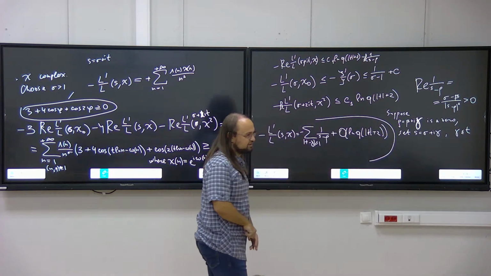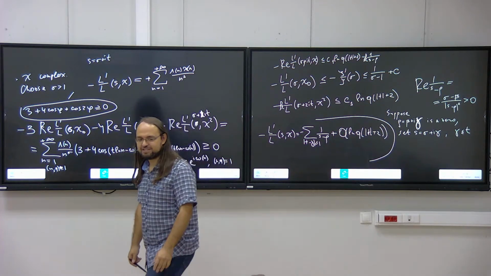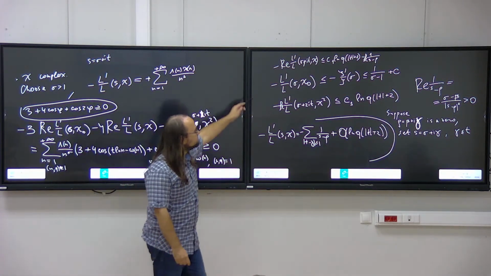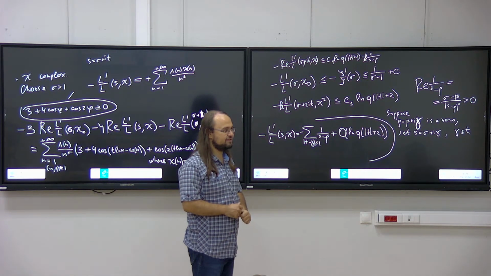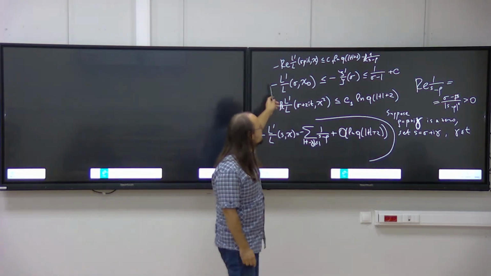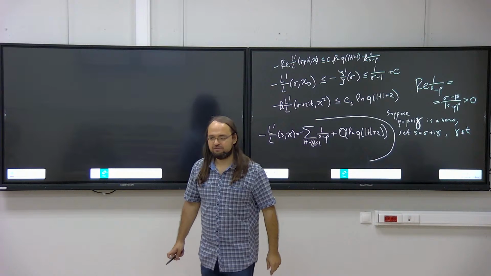Right? So you can do the same thing as for the Riemann zeta function, and you get the same stuff. Then you need to combine these three estimates with coefficients. This with coefficient 3, this with coefficient 1, and this one with coefficient 4.